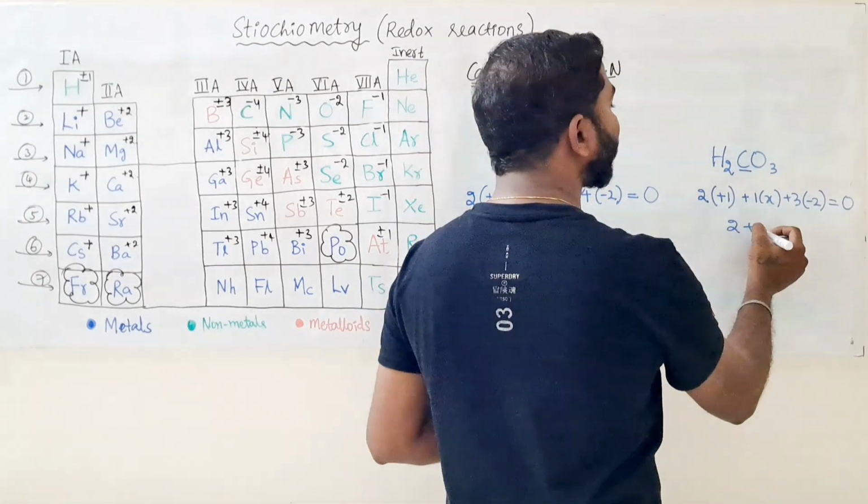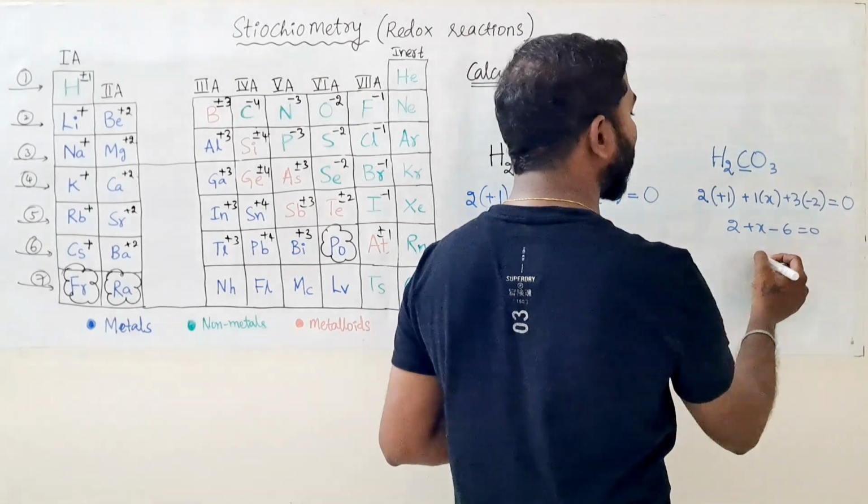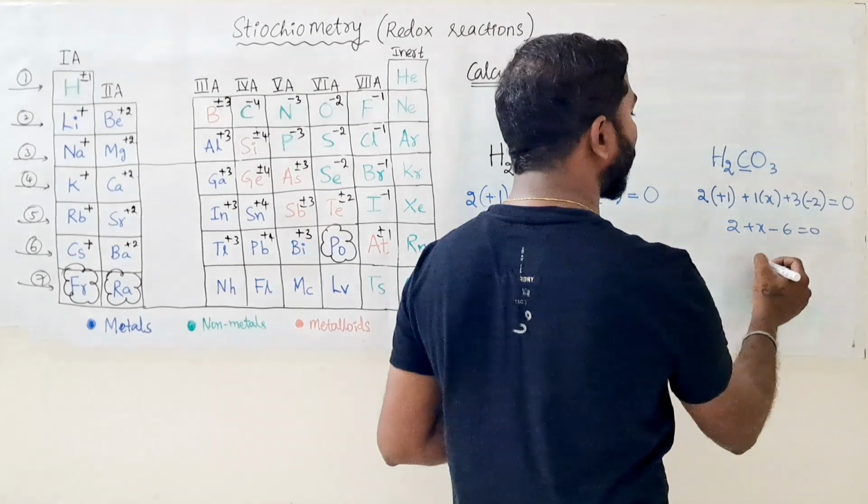Then 2 plus X minus 6 equals 0, X minus 4 equals 0, and we get the oxidation number of carbon as +4. Hope you understood. Likewise, we can calculate the oxidation number for any element in a given molecule.